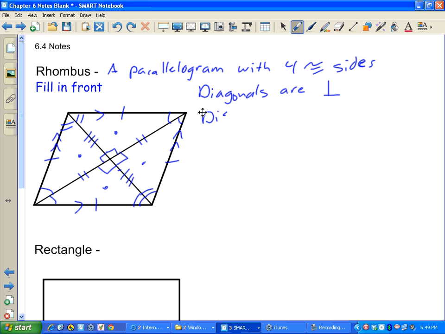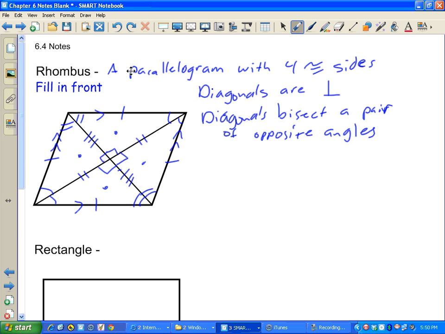Okay, the diagonals bisect a pair of opposite angles.